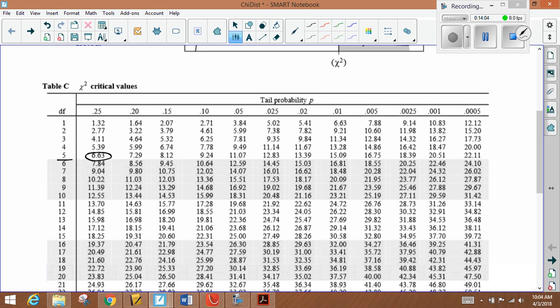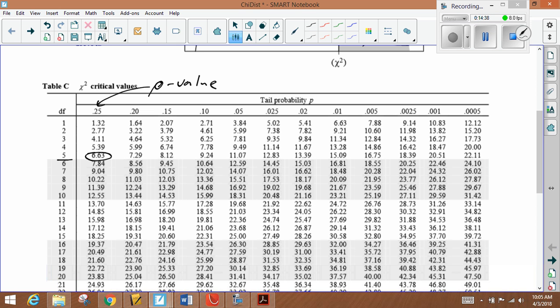And unfortunately, it's not here, right? So this is our p-value. And unfortunately, our p-value for 3.4 is actually going to be greater than 0.25. So, bad example.